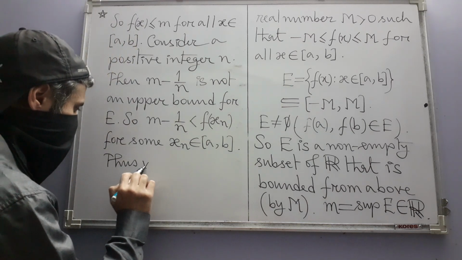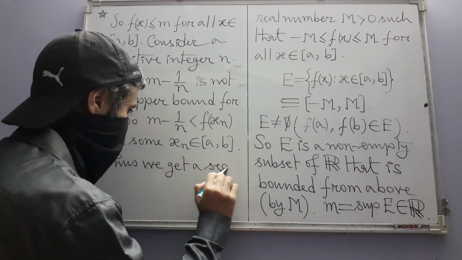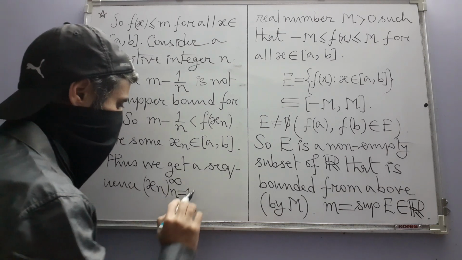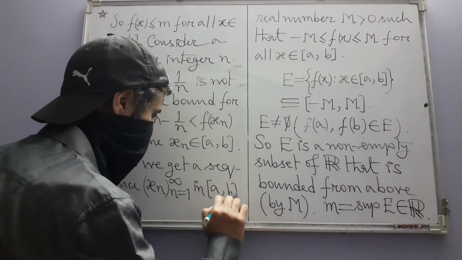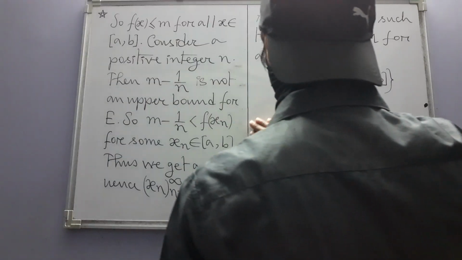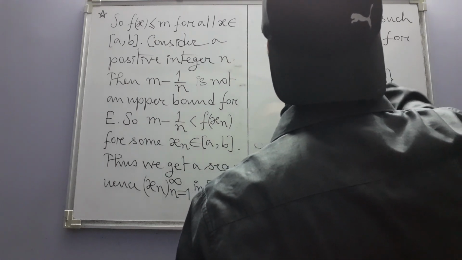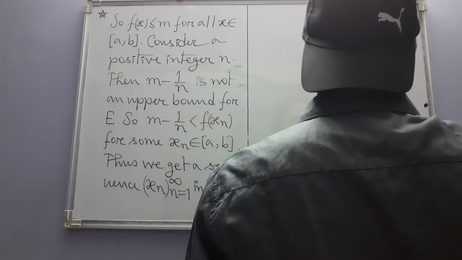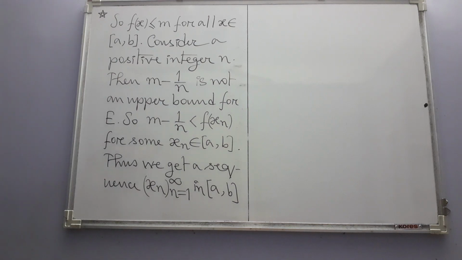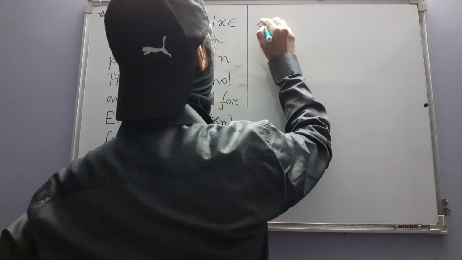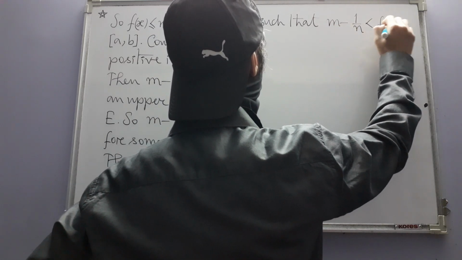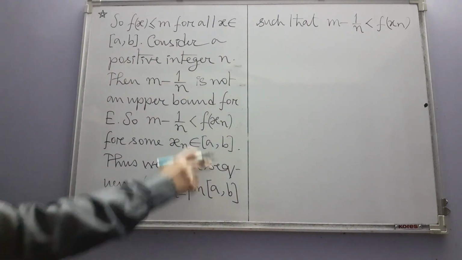Thus, we get a sequence in our domain of f, because every such xn is going to come from [a, b], such that m minus 1 over n is less than f of xn, because that's how we are choosing these things, right?